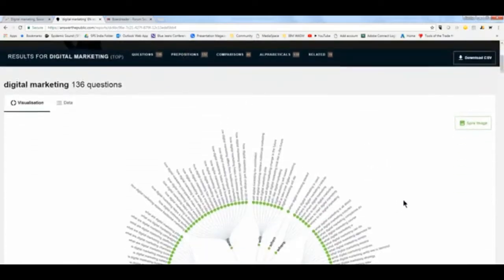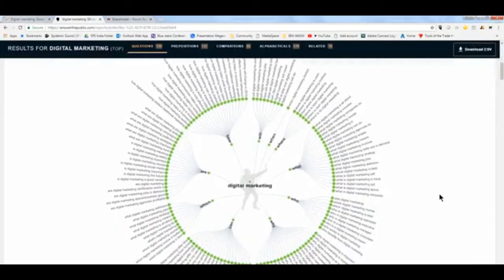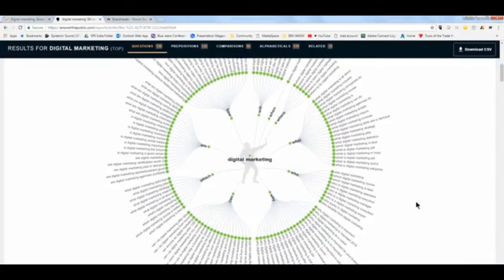And you can download these. They're very useful. But what you have here is digital marketing in terms of questions like, what is digital marketing? Where does it occur? When does it occur? Who is doing it? And so it begins to break it down into the key things people are searching for around the term digital marketing.